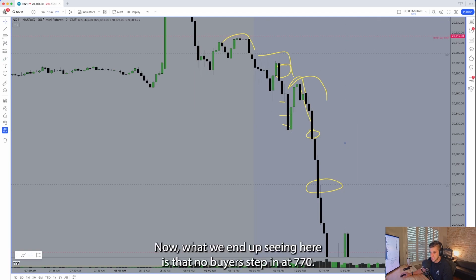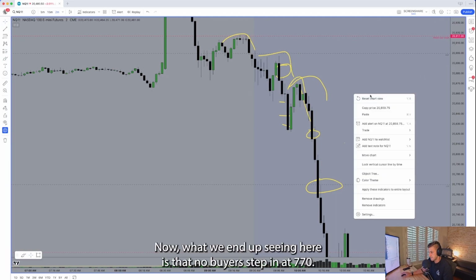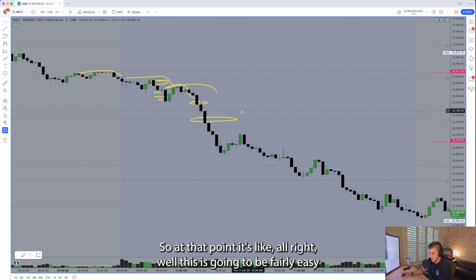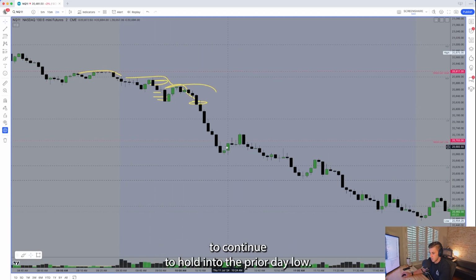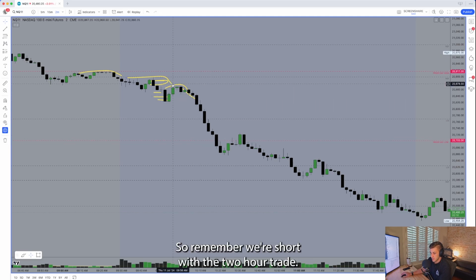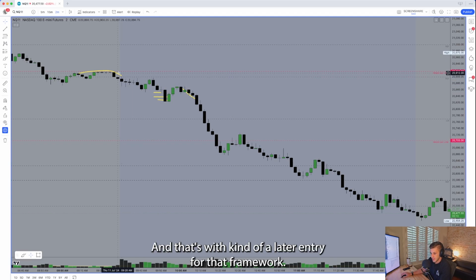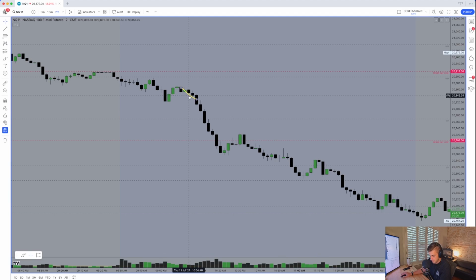Now, what we end up seeing here is that no buyers step in at 770. So at that point, it's like, all right, well, this is going to be fairly easy to continue to hold into the prior day low, right? So remember, we're short with the 2-hour trader framework from right around this 875 area, and that's with a kind of a later entry for that framework.